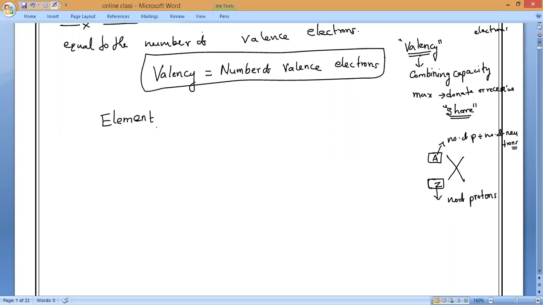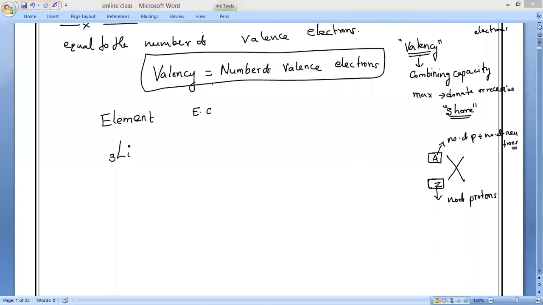That is what. Now, if you have taken an element, let us take lithium. So we all know lithium. Lithium atomic number is 3. Now let us write the electronic configuration. Can you tell me the electronic configuration of lithium fast? 2,1, sir.